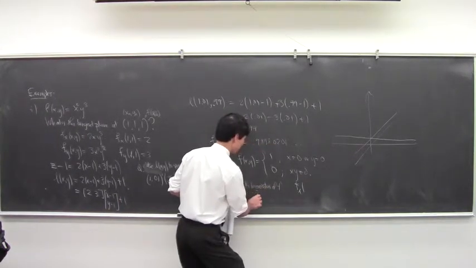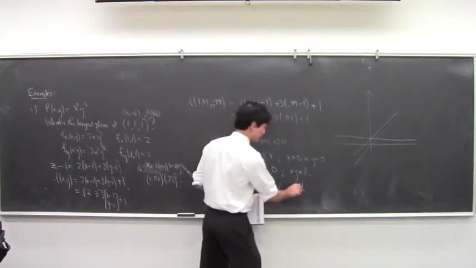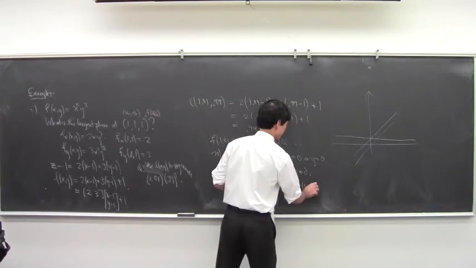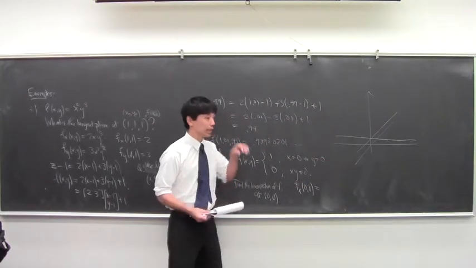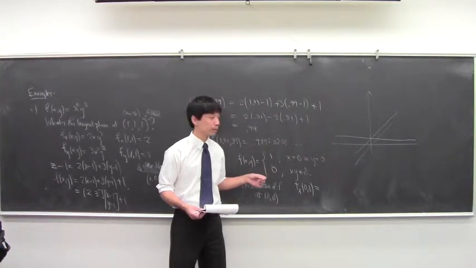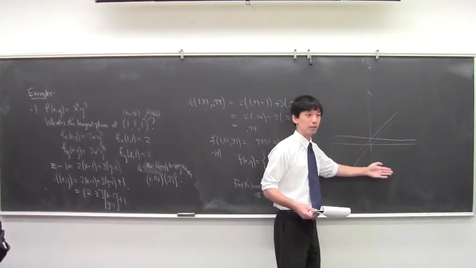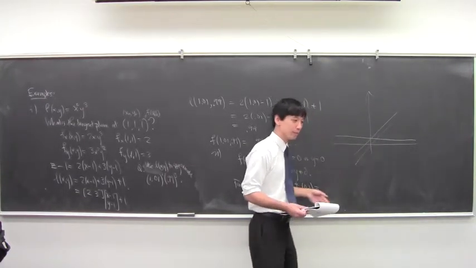Find the linearization of f at 0, 0. Okay, so you take the partial with respect to x at 0, 0. What's the partial with respect to x of this function at 0, 0? 0, right? You remember you'd slice through and you'd see that you get a constant function. Constant function has a derivative of 0.